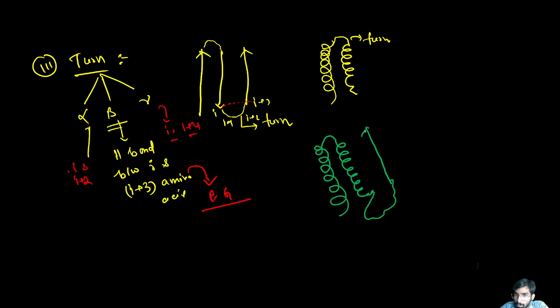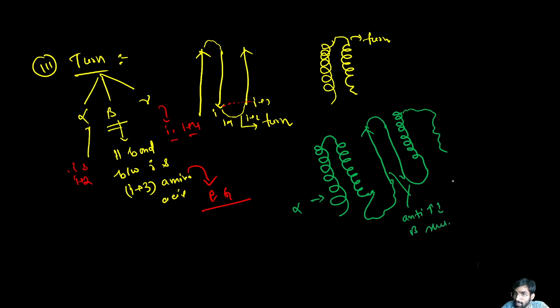Now we get one beta strand, another beta strand, here one beta turn, then again some kind of loop, again some structure like that. This is an alpha helix, this is an anti-parallel beta sheet, and that's some random loop. A loop doesn't have a specific feature.